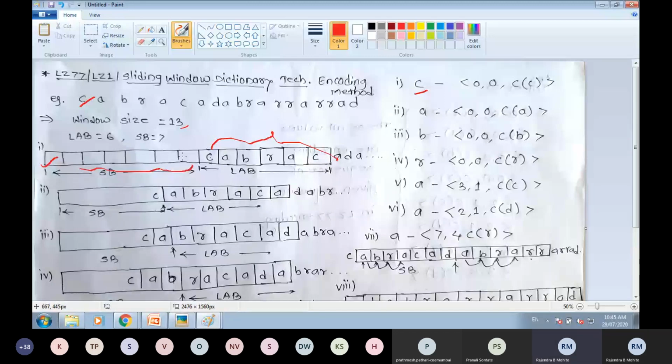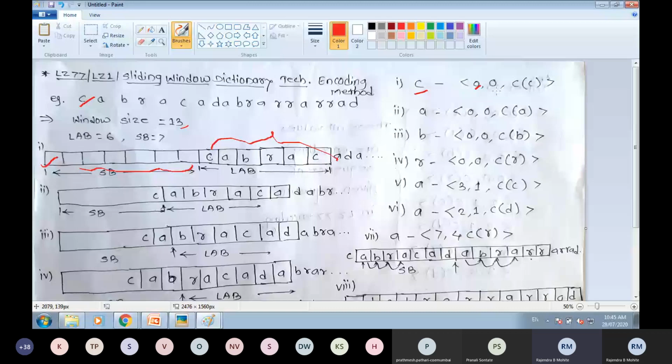Is there any alphabet present in the search buffer? No. So for the C there is no match, and I represent the offset value as 0. The length of match is also 0, because my search buffer is empty.